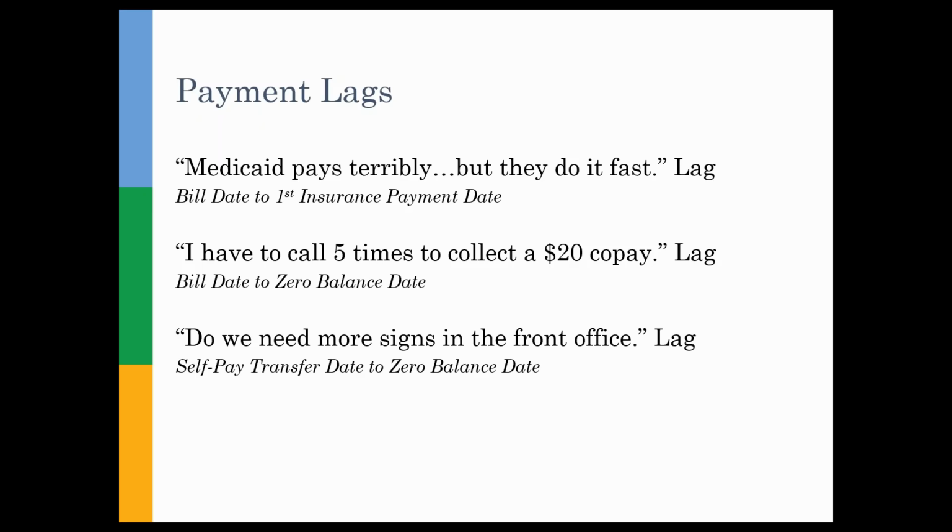So if we can collect up front, and communicate with the patients their responsibility, we can find significant payment lag drops by simply communicating better. And what's more, our patients prefer that because they don't want to be surprised and wait as they get billed for what they know is their responsibility.